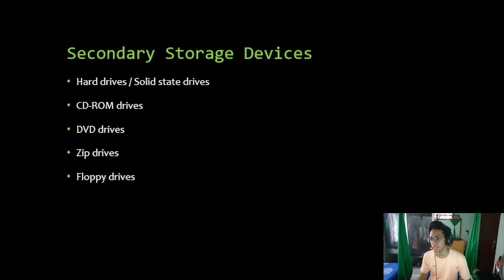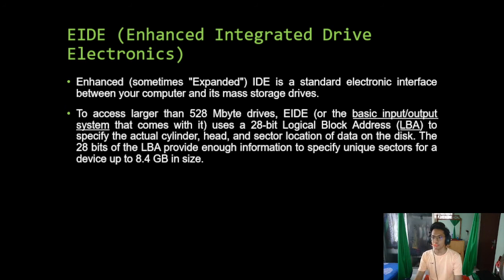So these are examples of secondary storage: hard disk, SSD, which is the solid state drive, CD-ROM, DVD drive, zip drive, and also floppy drives. And then for IDE and EIDE, this is the acronym for Enhanced Integrated Drive Electronics.